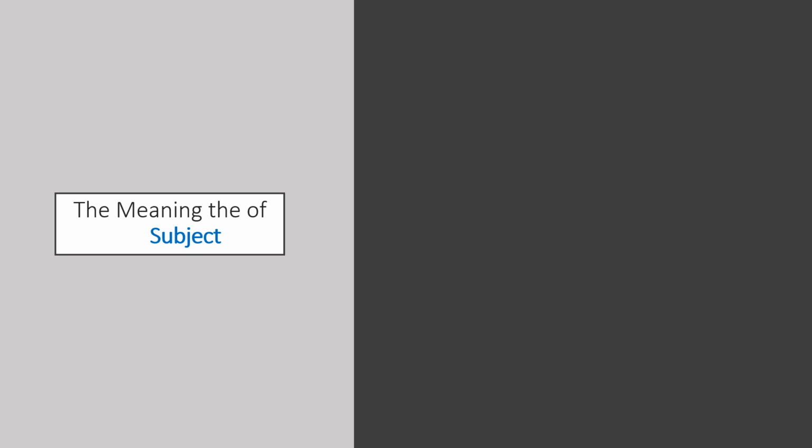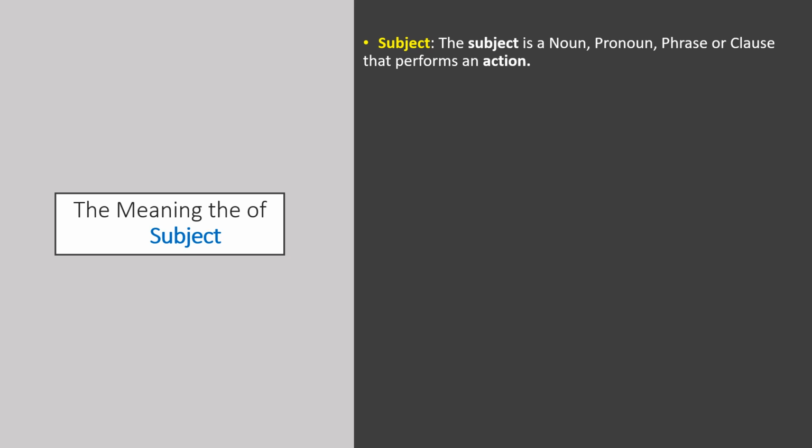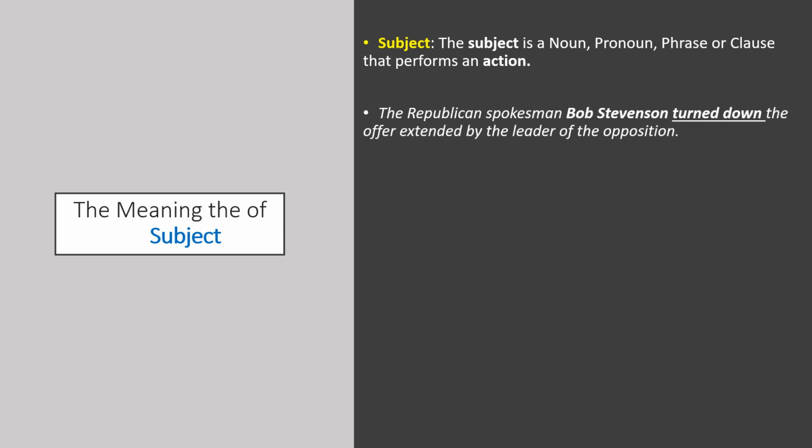The meaning of the subject. The subject is a noun, pronoun, phrase, or clause that performs an action. For example, the Republican spokesman Bob Stevenson turned down the offer extended by the leader of opposition.